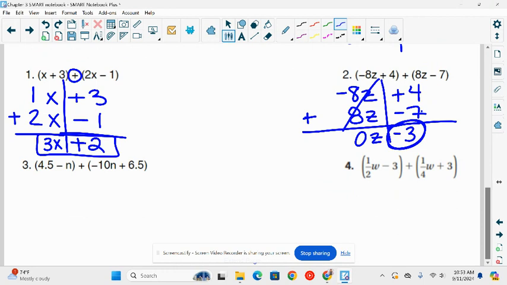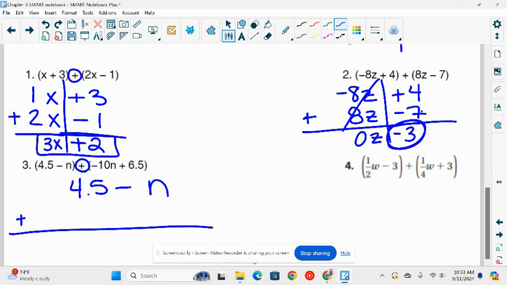Alright, number 3, they try to be tricky. Okay, so we have to pay attention to their trickiness. So, what operation are we dealing with? Okay, so I got 4.5 minus n plus... It's not in the same order. Can I do this?